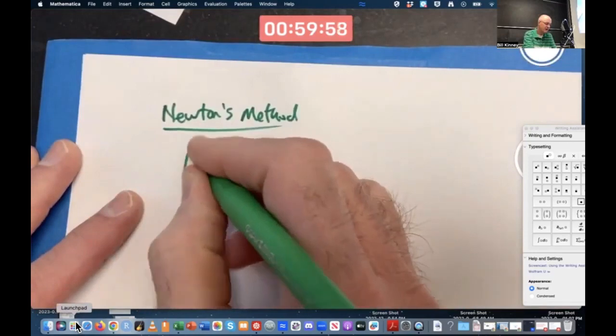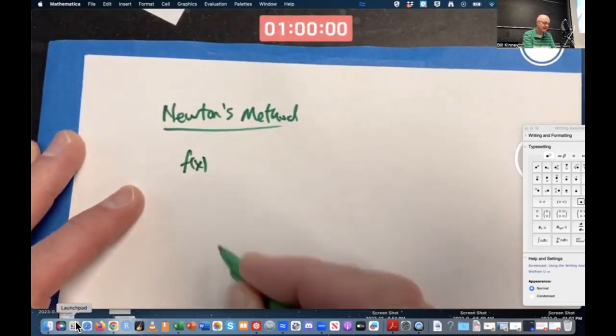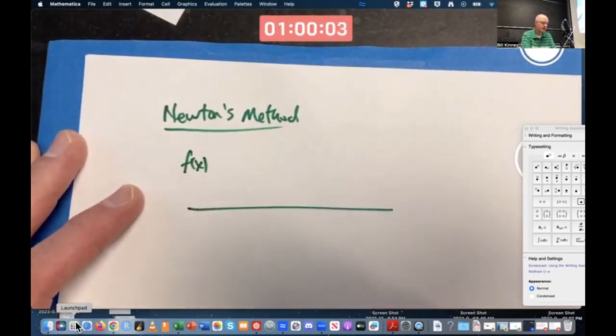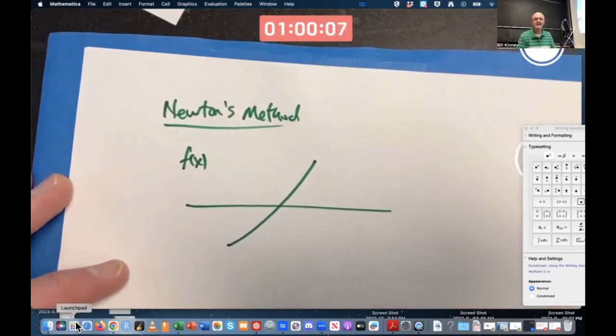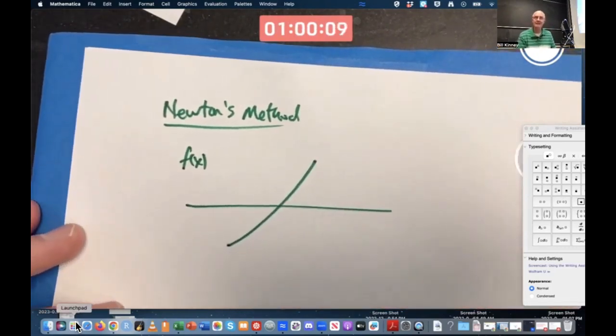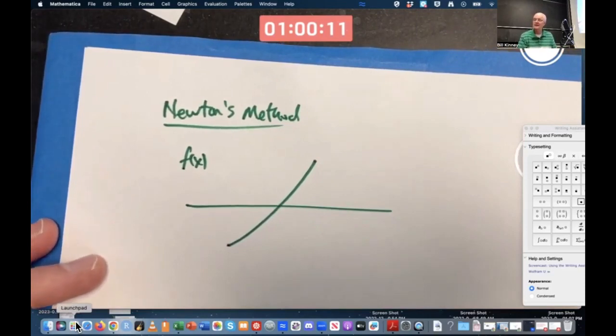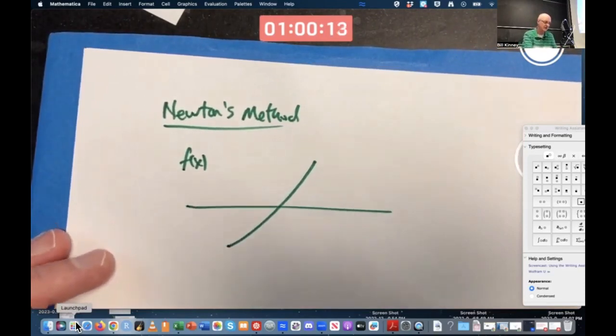You've got some function, f of x. That's a nice continuous and differentiable function. And maybe its graph crosses the x-axis somewhere and you'd like to estimate where it crosses. Let's put this in the context of an application.